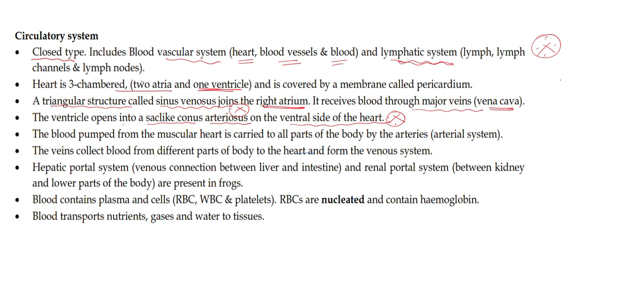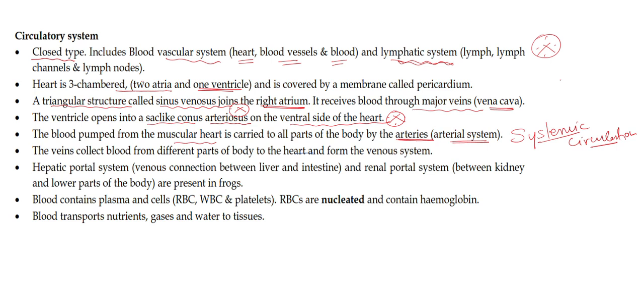Then, blood pumped from the muscular heart is carried to all parts of the body by arteries, nothing but the arterial system. We can say this is systemic circulation. Most of the system is common, like human only.